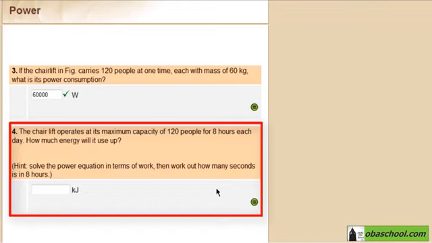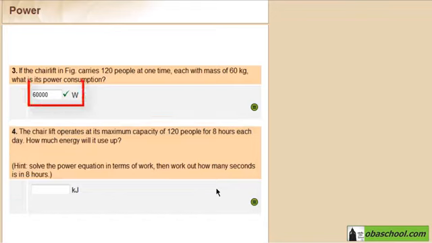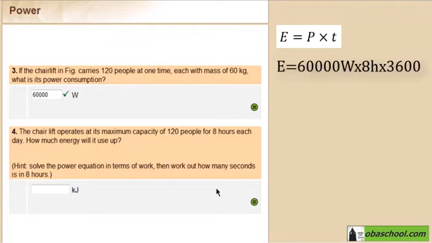Well, we have calculated the power needed to carry 120 people at one time, and the answer is 60,000 watts. The energy needed in 8 hours is the power multiplied by the time. Then it's 60,000 watts multiplied by 8 hours, which is converted into seconds by multiplying it by 3,600.